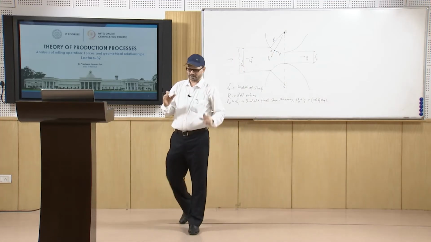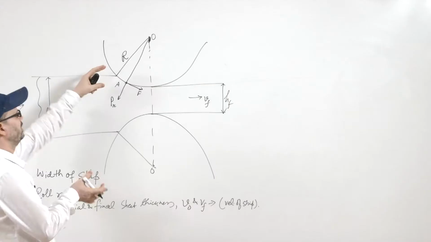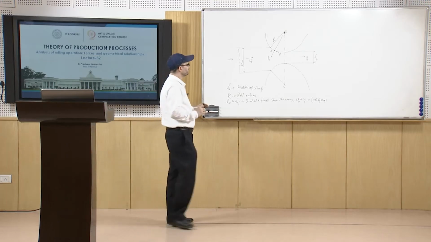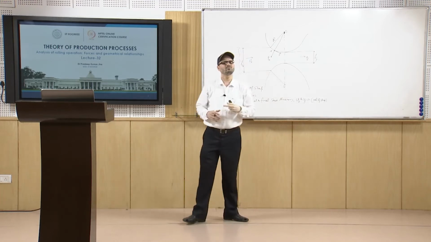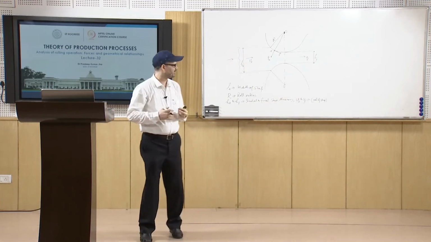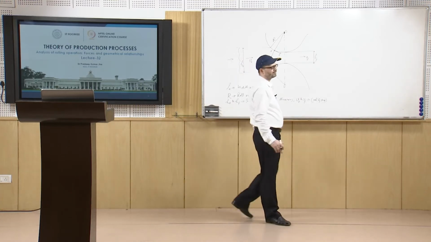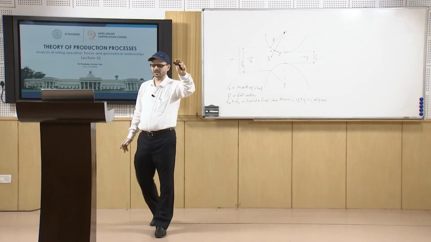Now, suppose the width of the strip, B, remains constant. Since constancy of volume applies in the case of plastic deformation, the element which is vertical will stay in the vertical shape itself.